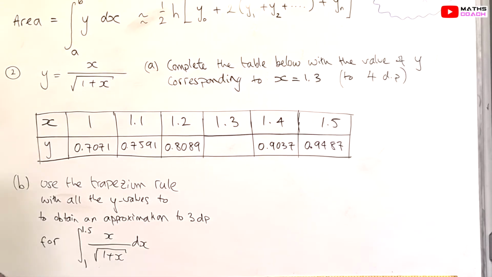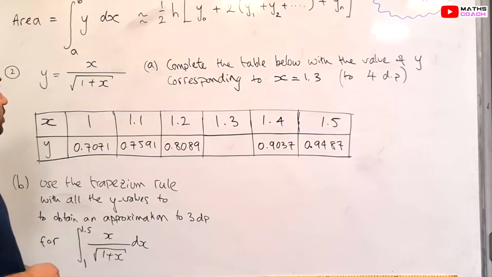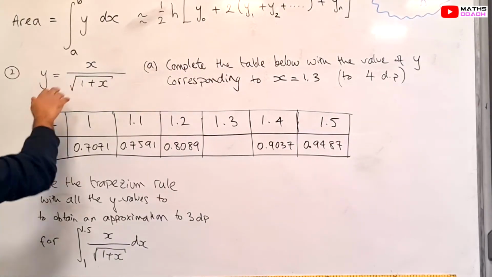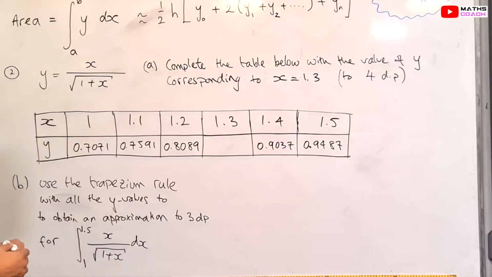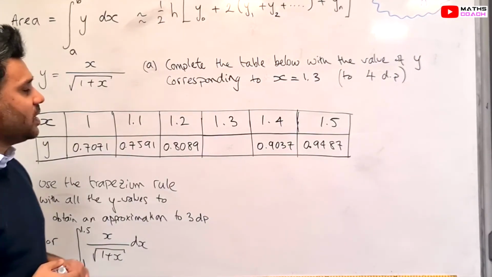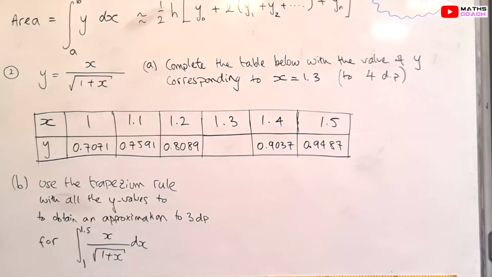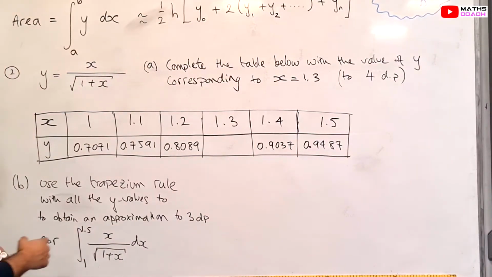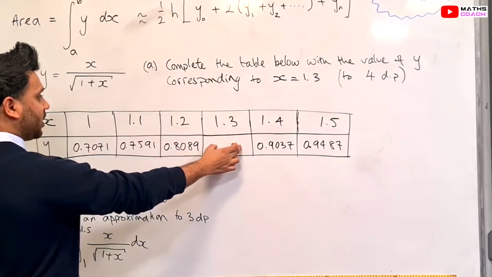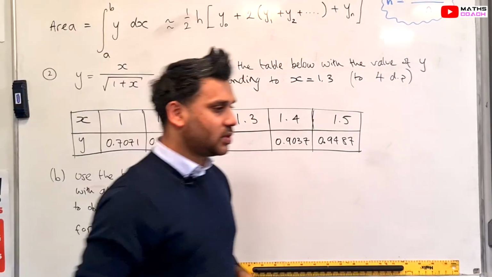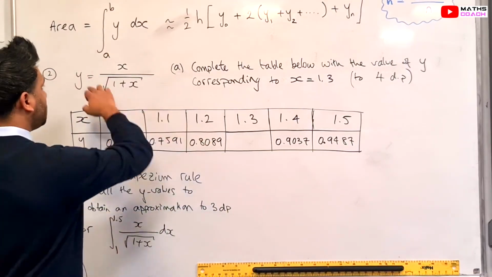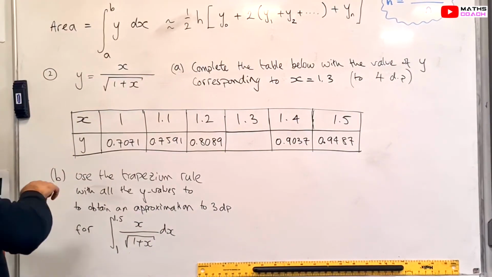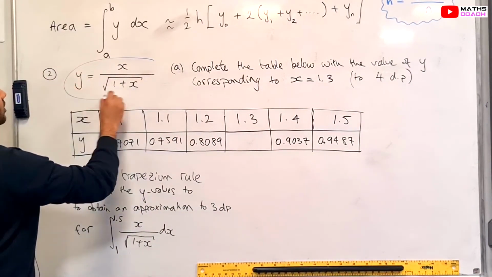Okay, so let's have a look at the second example. In this question, we have y is equal to x over the root of 1 plus x, and we have a table of values here. Complete the table below with the y value corresponding to x equals 1.3. So you have x equals 1.3, work out the corresponding y value. All we have to do is simply plug this 1.3 into the function for y, which is given here.